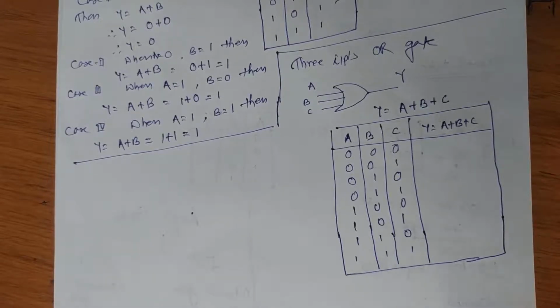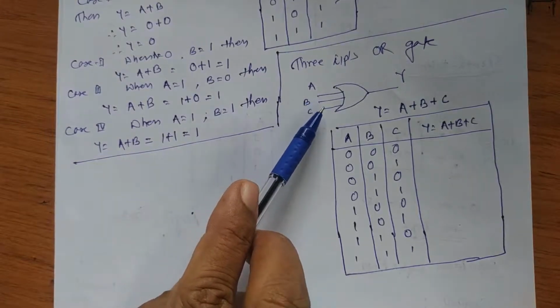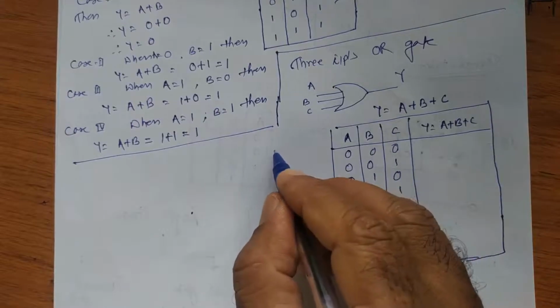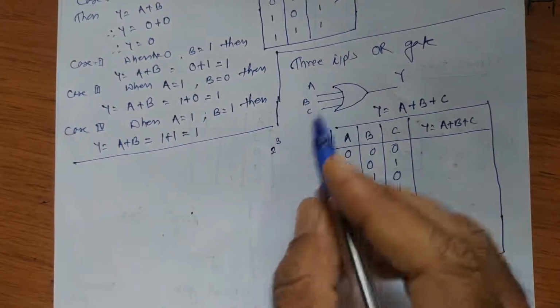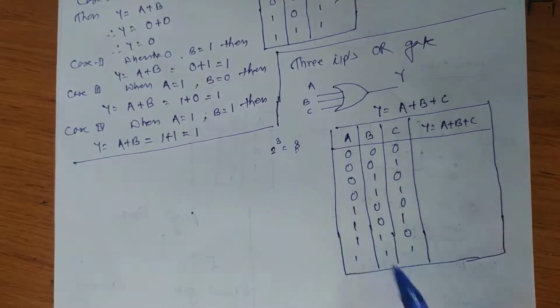There are 8 possibilities. Each input has 2 possibilities. There are 3 inputs, therefore 2 raised to 3 is equal to 8. So inputs are 8 possibilities.